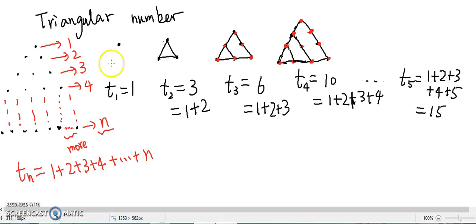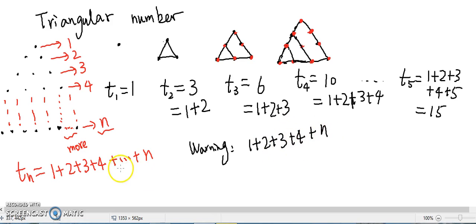So a common mistake I saw in the past was some students thought this only means, so warning here, don't think of this as just 1 plus 2 plus 3 plus 4 plus n, ignoring the dots. You cannot do that. Some students thought, okay, we just add all these numbers you have, that's like 10, and plus the last n.